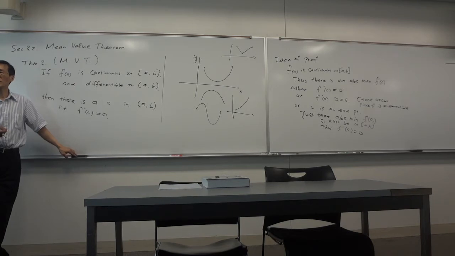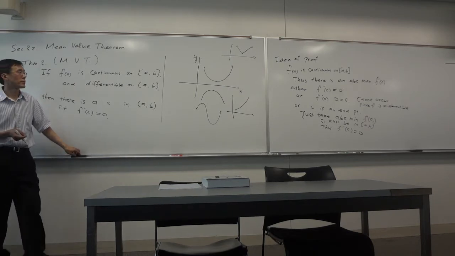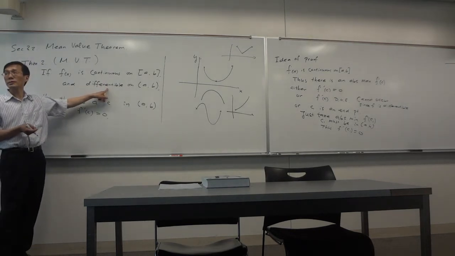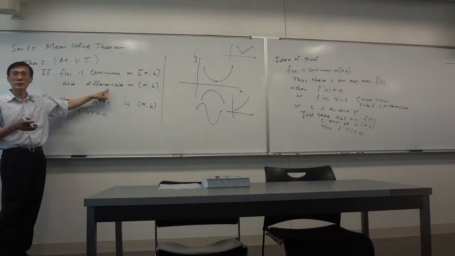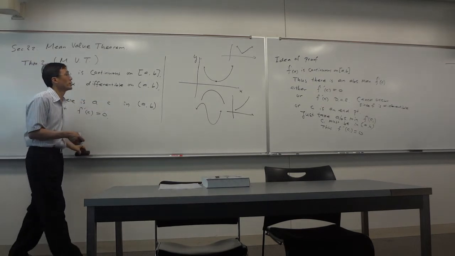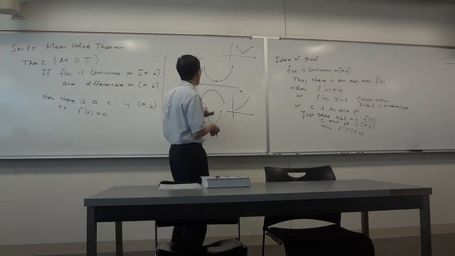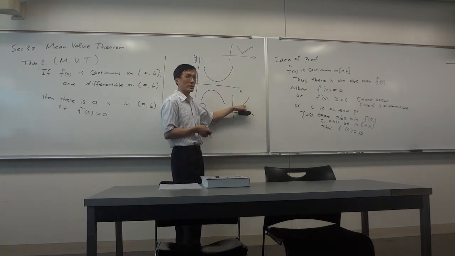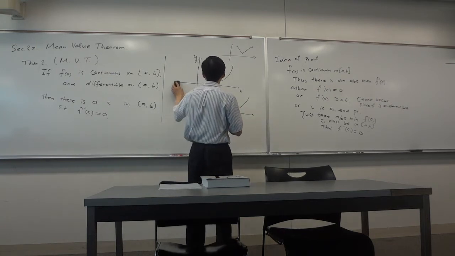Well, do you still expect F prime C to be 0? Well, it is differentiable everywhere inside F. So we do have F prime C that is defined everywhere inside. So the picture would not be something like this. It may well be something like this. Let's try to imagine the picture then.